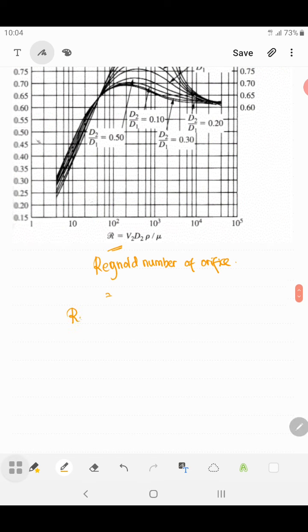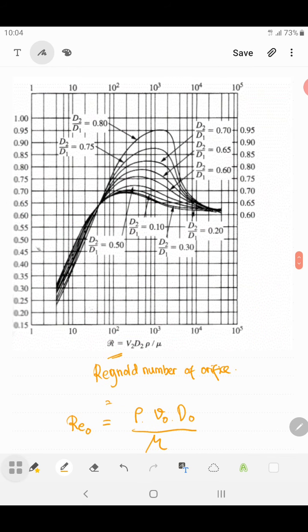The symbol is Re_o, which equals the density of the fluid times the velocity at the orifice plate times the diameter of the orifice plate, divided by the viscosity. So on the y-axis you can get the CO, the coefficient of orifice.